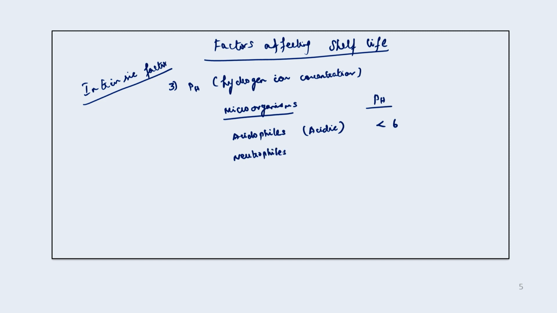Neutrophile, that is neutral. The pH is in the range 6 to 8. And alkalifile, this is alkaline in nature. This is greater than 8. So I think I had stopped the previous lecture at this point.